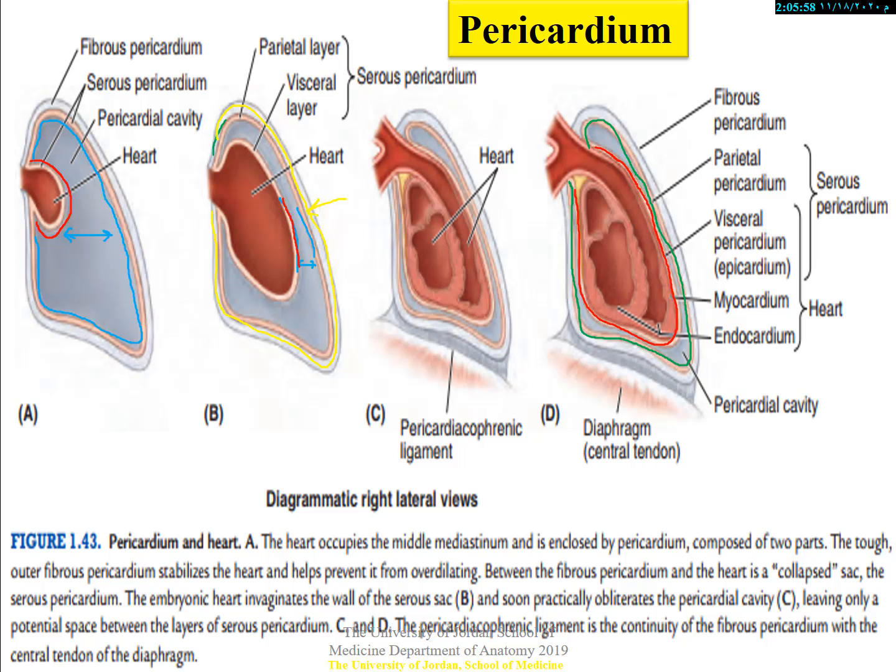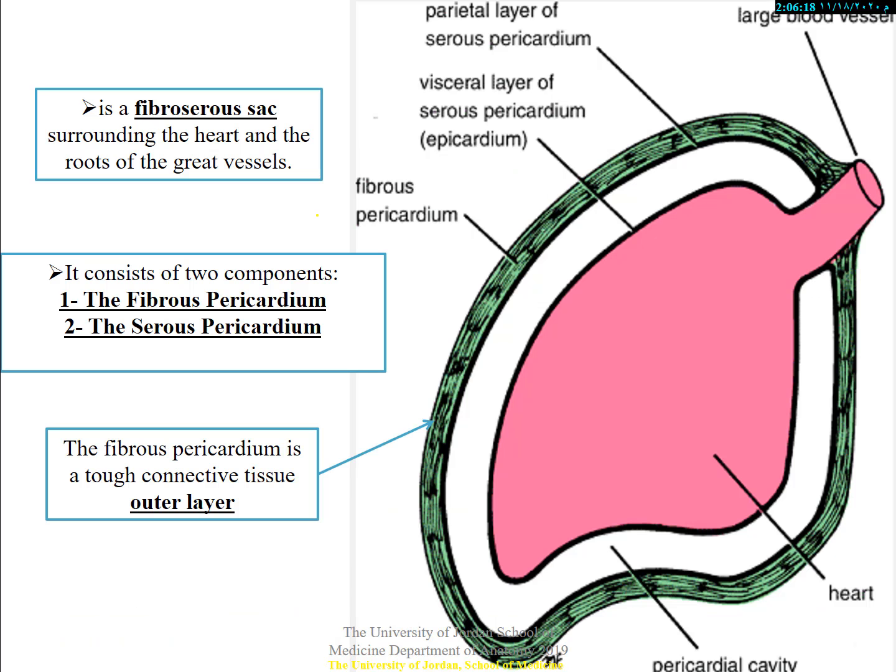Therefore, when you open the fibrous, it goes without saying that the parietal of the serous sac is adherent to it. So you are inside the pericardial cavity immediately. More on that during our practical session. We would highlight all these facts.